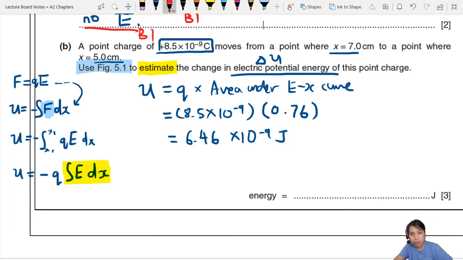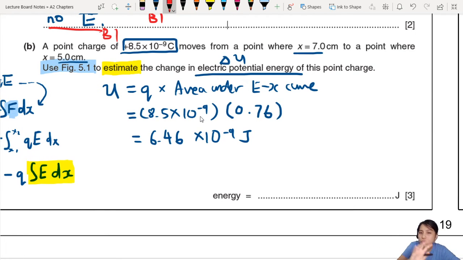Now you may check the marking and say, Miss, my answer is different. It's okay, don't worry. If you're using this area method, they allow a generous range of possible answers. So this is 3 marks. The first mark is if you know how to get to this conclusion: U equals Q times area under the curve. Then the second mark is for the area you use here.